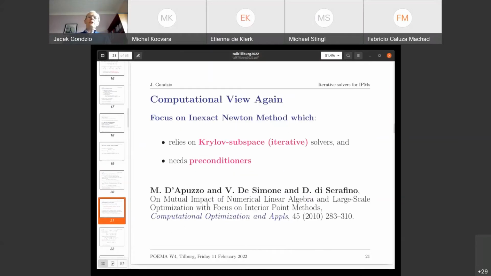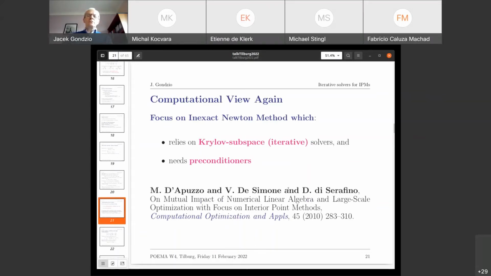So we were here, and I wanted to once again focus on the computational perspective on interior point methods, but this time the focus will be really on iterative solvers and the design of preconditioners for these solvers.